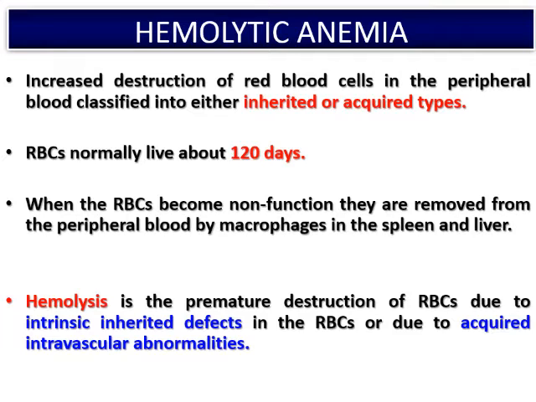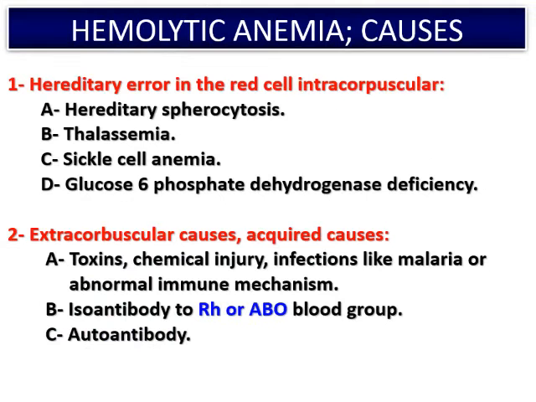And this may be due to hereditary causes like hereditary spherocytosis, thalassemia, sickle cell anemia, or glucose 6-phosphate dehydrogenase deficiency. All these are types of hereditary hemolytic anemia, which occur due to a hereditary error in the red blood cells, and we call these intracorpuscular causes.